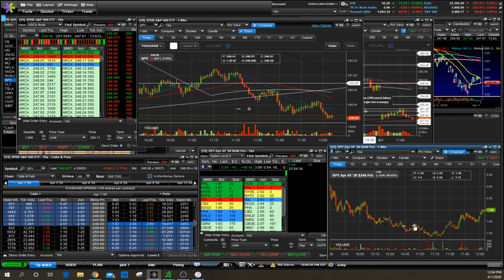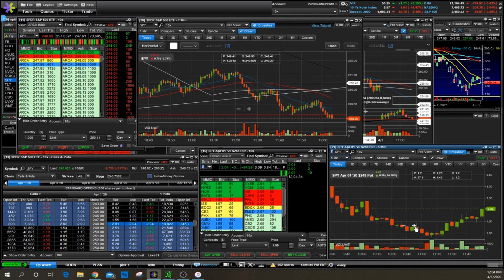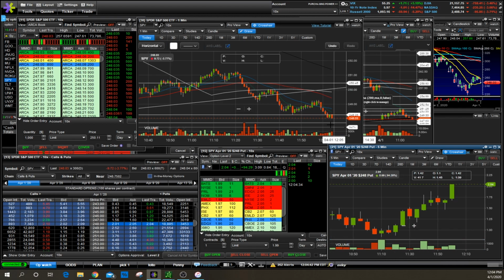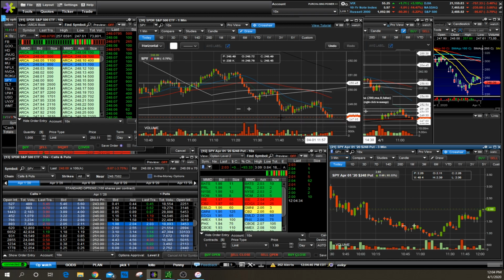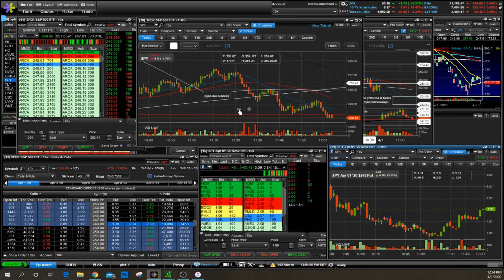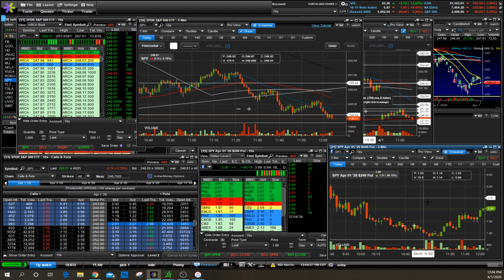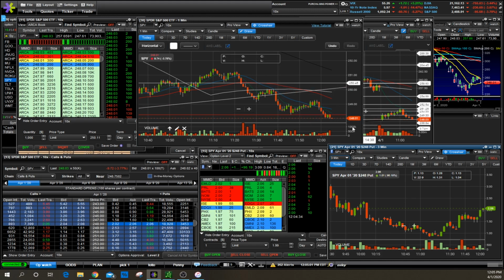There they are. Would have been a nice trade on the puts there. Yeah, they just look too strong. Market's selling. Dang, even if I would have bought it, could have made still 50% right there.